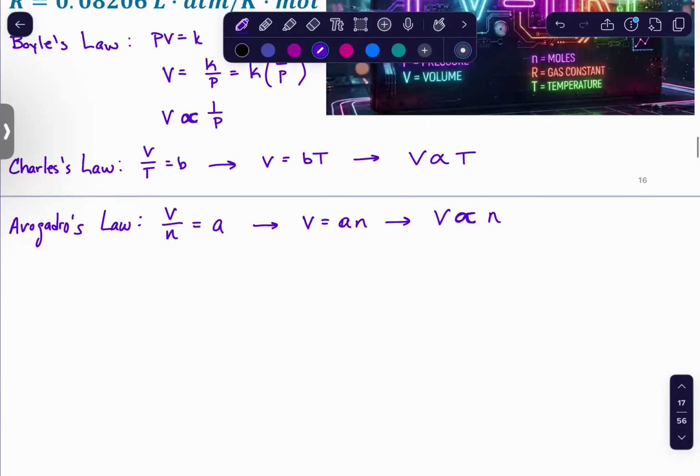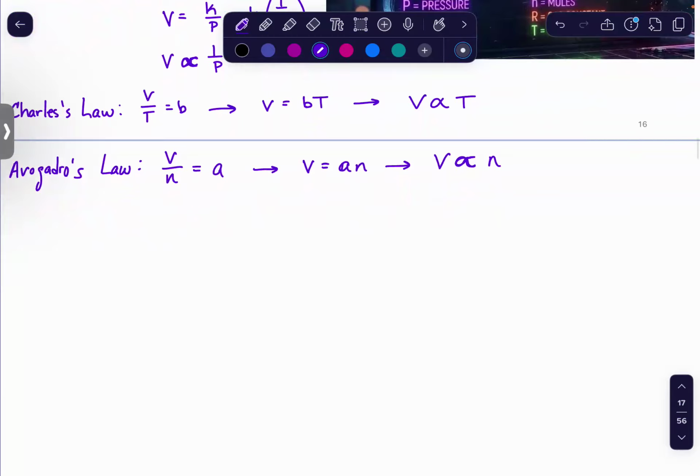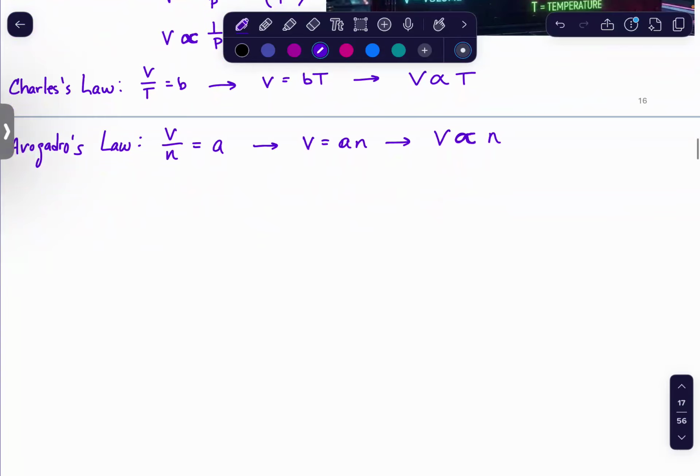Now, if we take these proportionalities and we put them all together, so let's see, what is V going to equal? Still dealing with proportionality, V is proportional to 1 over P, T, and n, which means that V is proportional to temperature times number of moles over pressure.